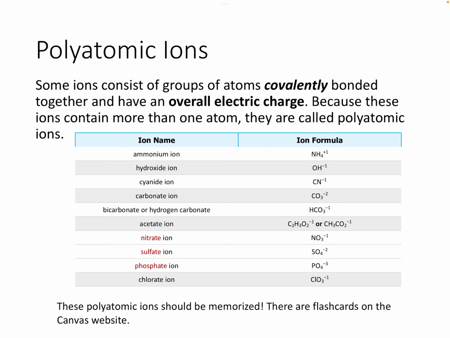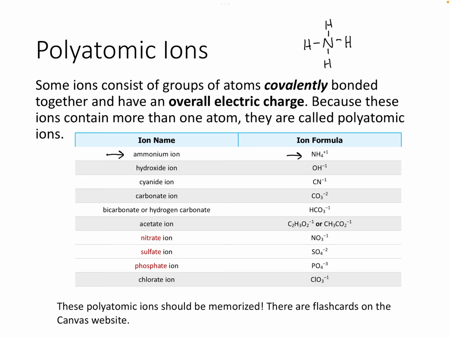So for example, this first one here that's listed in the table below is the ammonium ion, which is NH4, and it has an overall +1 charge. So I'm going to draw NH4 here for you, and we'll learn more about how to draw these later.